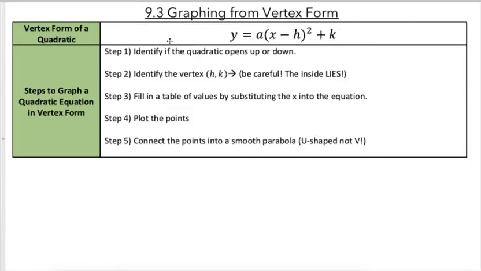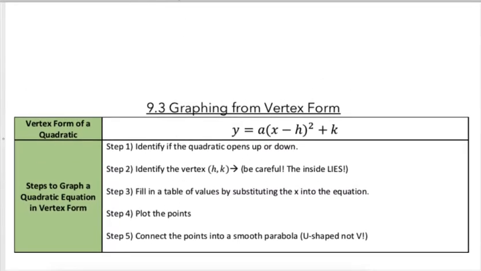And so when we think about graphing from vertex form, think back to when we did linear equations in Integrated 1, and this is where we had y equals mx plus b. So this was called slope-intercept form. It allowed us to identify a point and a slope right away.